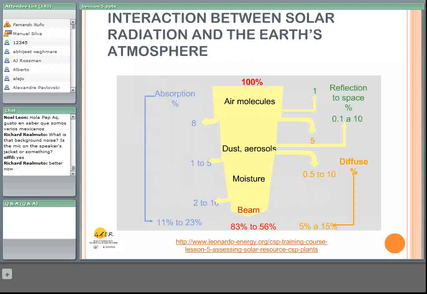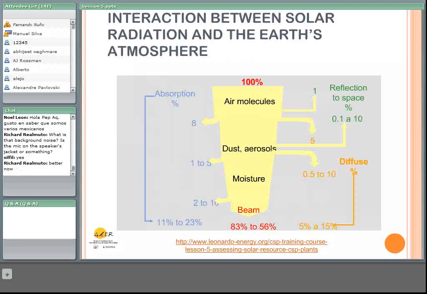Water mainly absorbs solar radiation, in proportion to the water content in the atmosphere, normally measured by the relative humidity. Finally, on a clear day, we can normally have between 83% and 65% of this irradiance reaching the Earth.